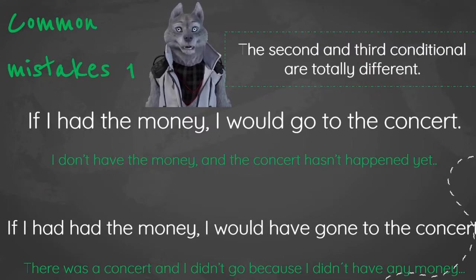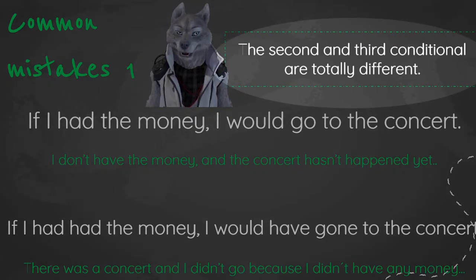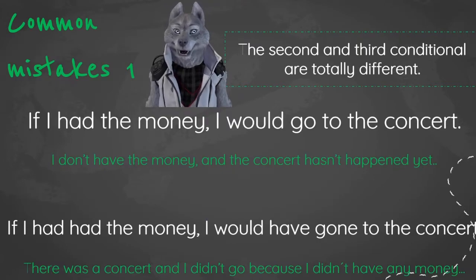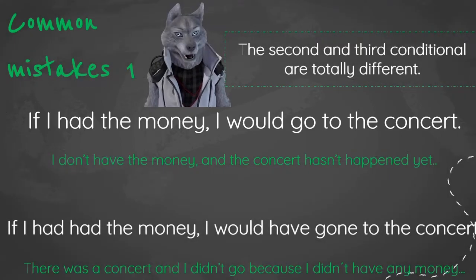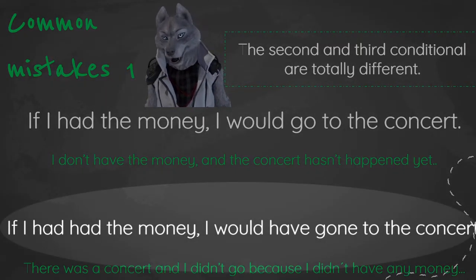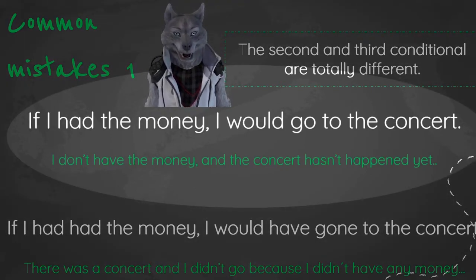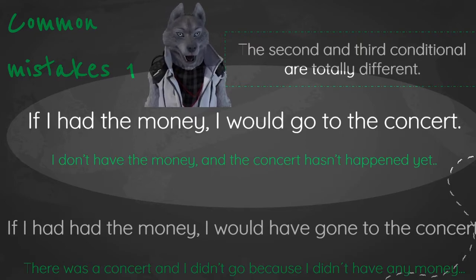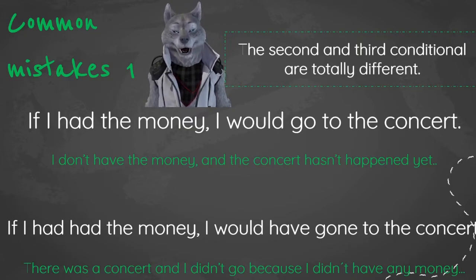And now the most common mistakes. The first one is confusing the second and the third conditional. They are totally different. What's the difference between these two sentences? If I had the money, I would go to a concert, and if I had had the money, I would have gone to a concert. Well, the first one is totally imaginary, because maybe the concert hasn't happened yet, and I don't have money anyway, so I'm imagining if I could go.